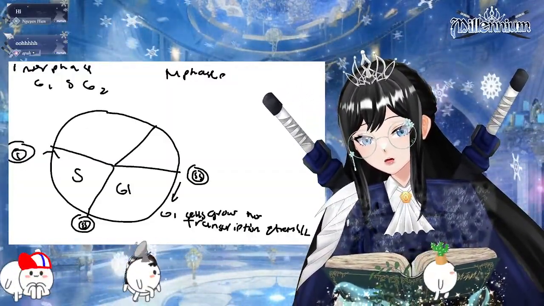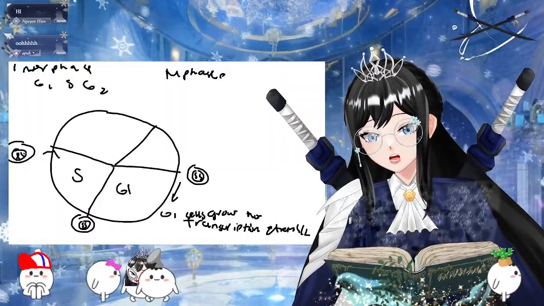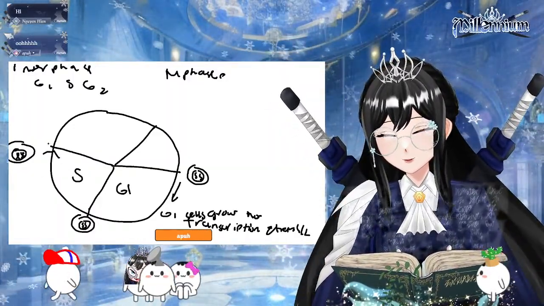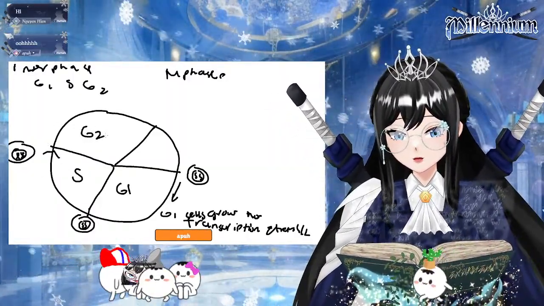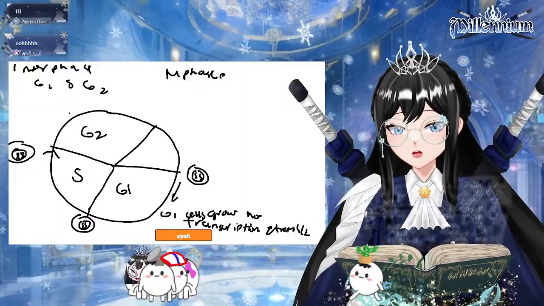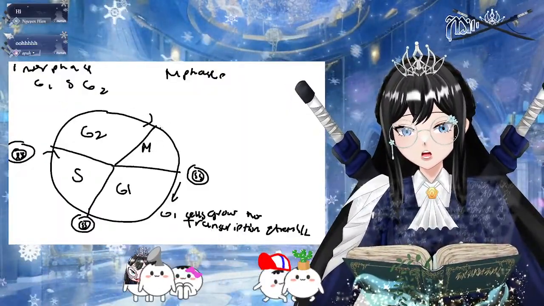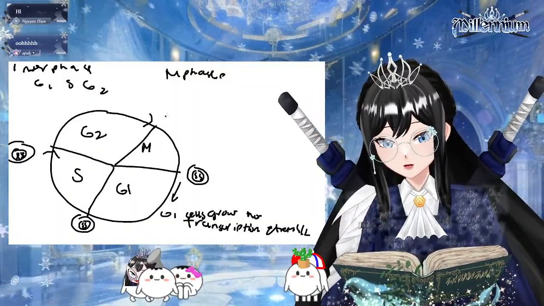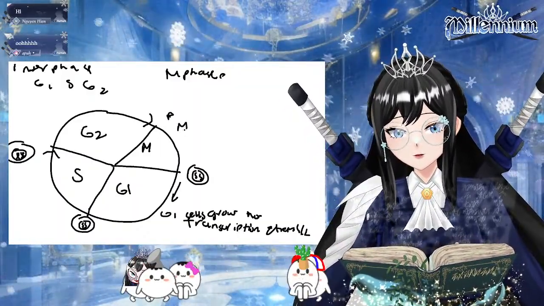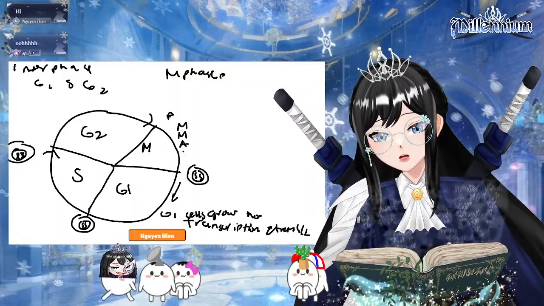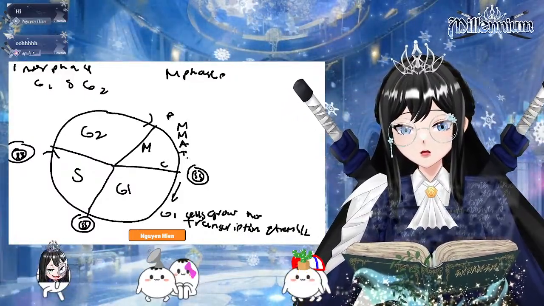So you might have something that looks like an X, because it's double now. And then you have G2, further prepping for division before you go into the M phase, aka the prophase, prometaphase, metaphase, anaphase, telophase, and then you have the cytokinesis at the end.